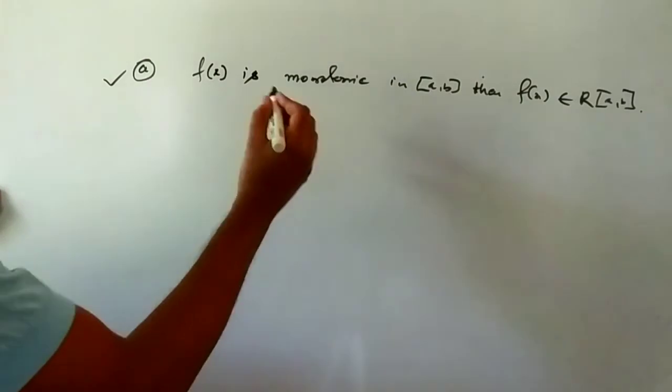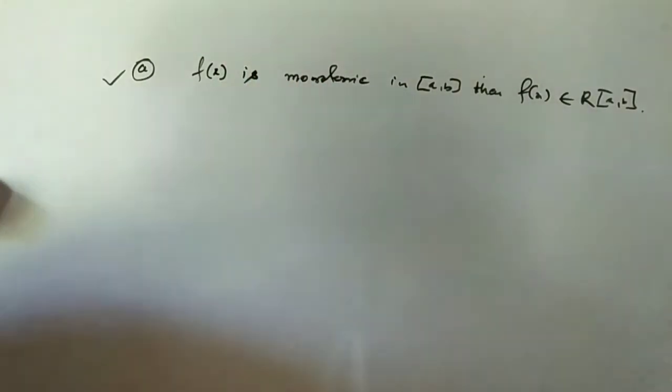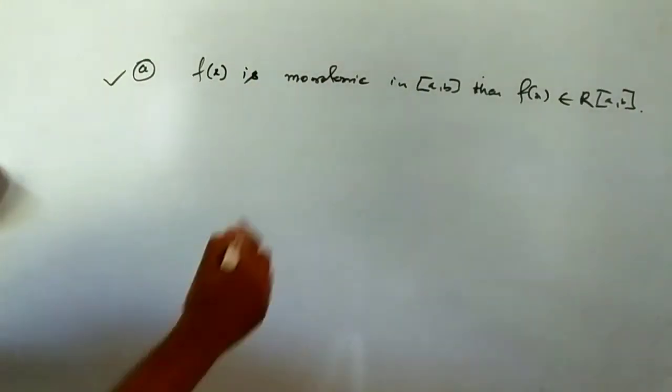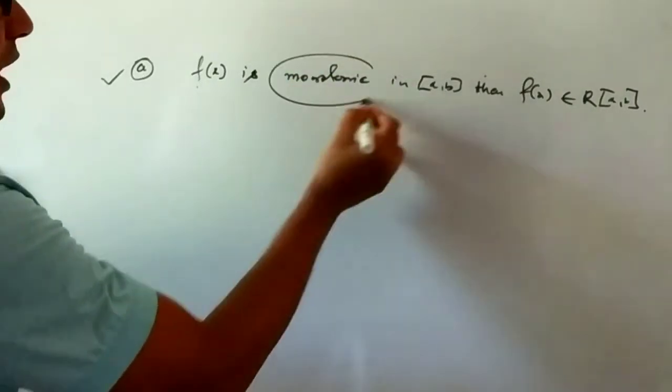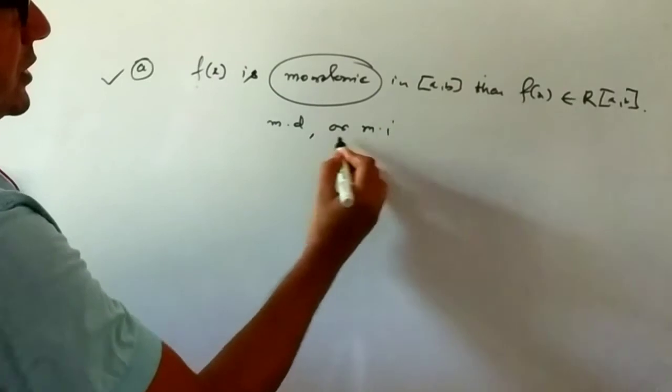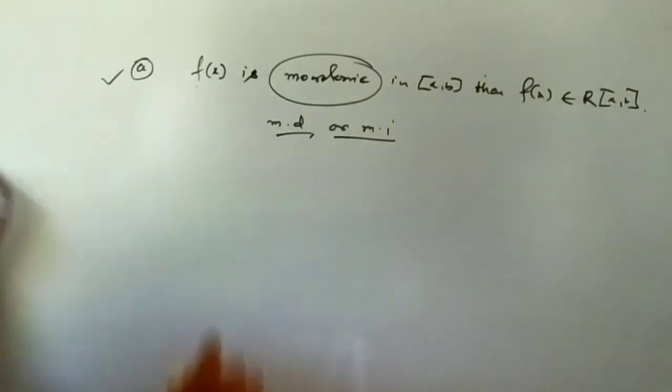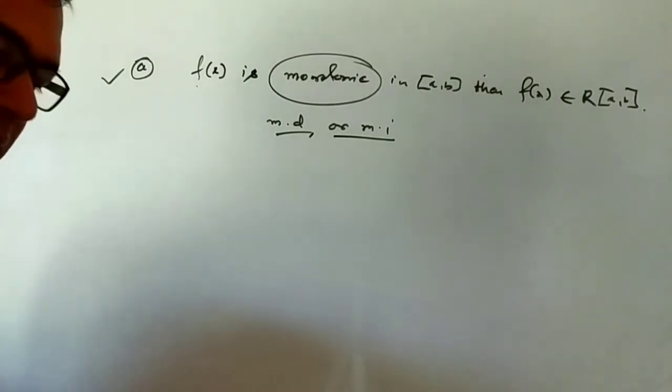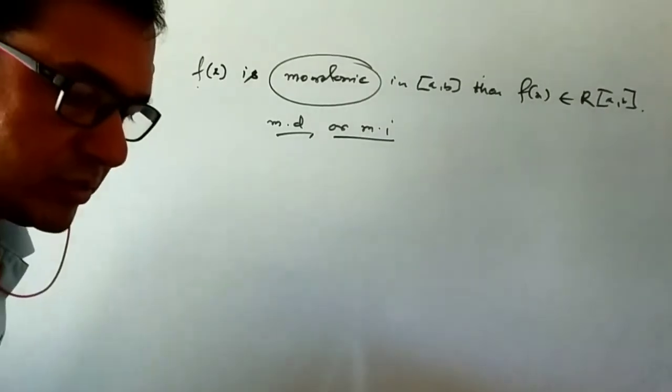We know that this is an important theorem and main theorem of Riemann integral. If the function is monotonic, either monotonic decreasing or monotonic increasing, in both cases the function f(x) is R integrable on [a,b]. So A is the correct option.